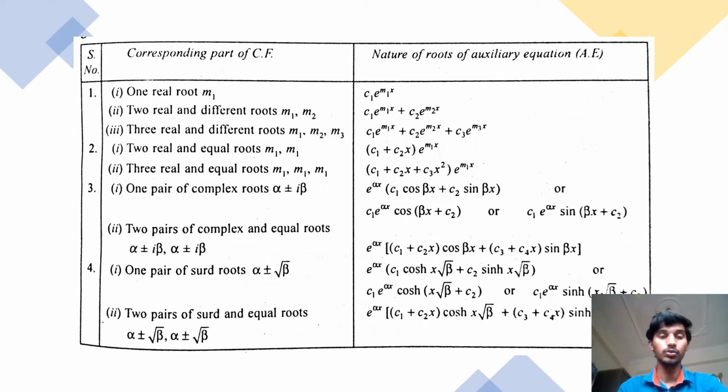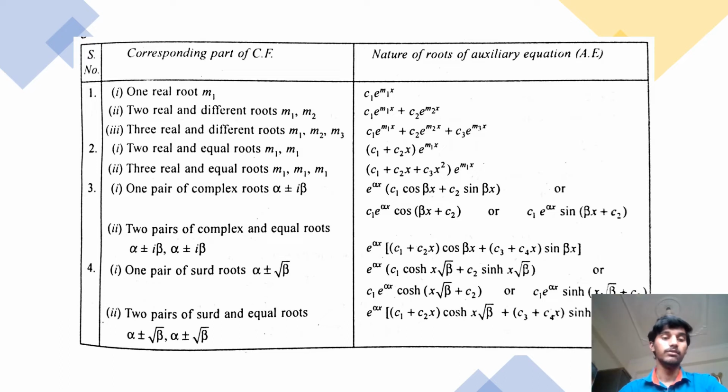If there are two pairs of complex and equal roots, alpha plus or minus i beta, alpha plus or minus i beta, then it is written as e to the power of alpha x into c1 plus c2 x cos beta x plus c3 plus c4x into sin beta x.